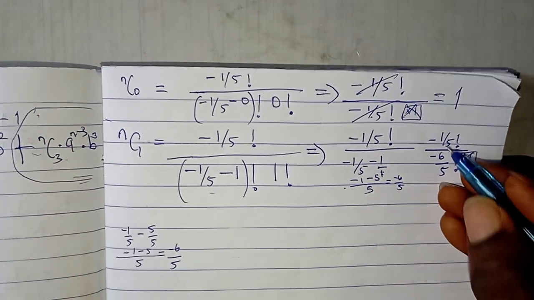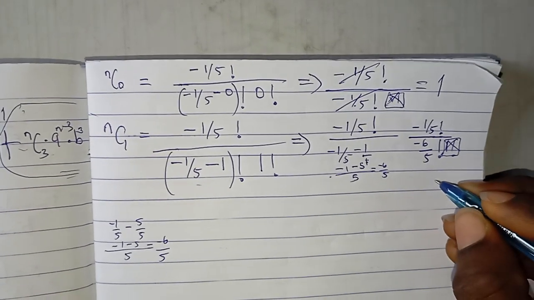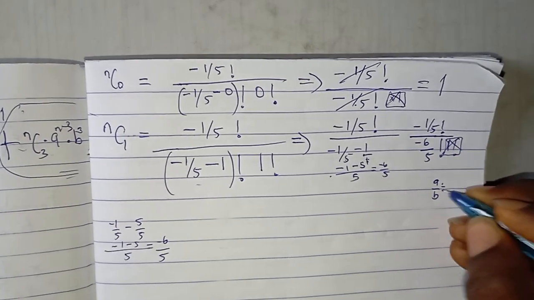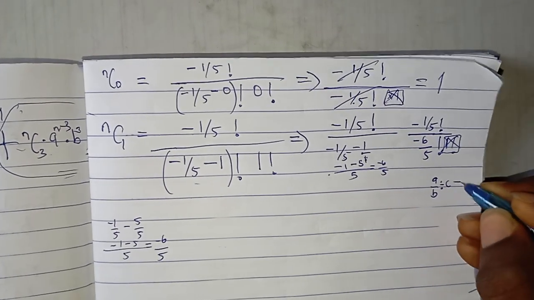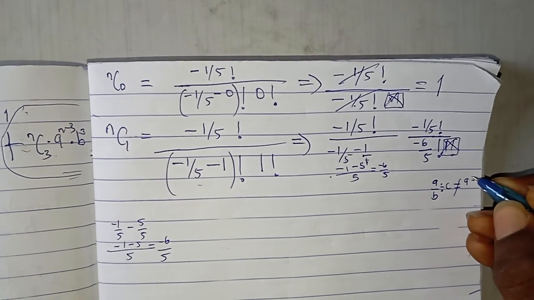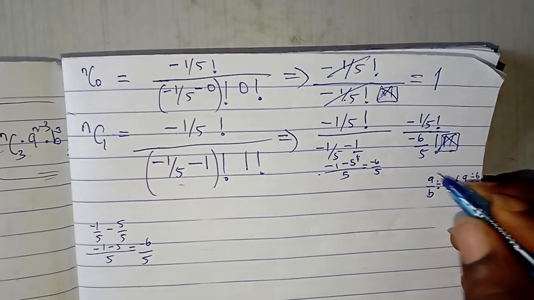So notice that this now becomes, remember what I told you in class: always pay attention to when you have A over B divided by C. It is not the same thing as when I have A divided by B over C. Remember I told you that.